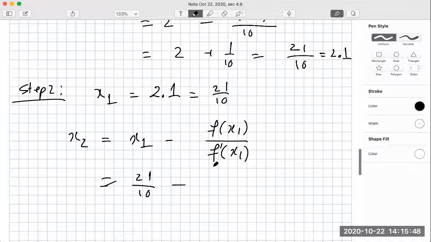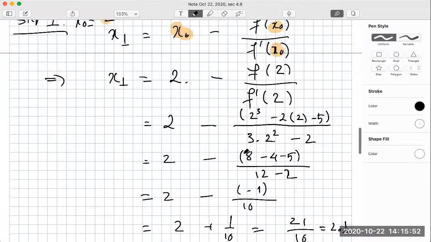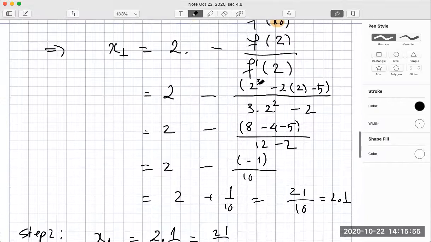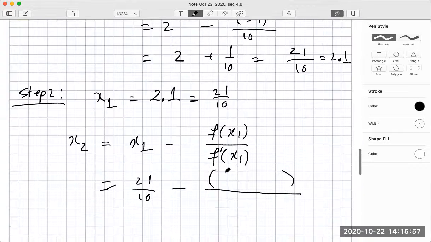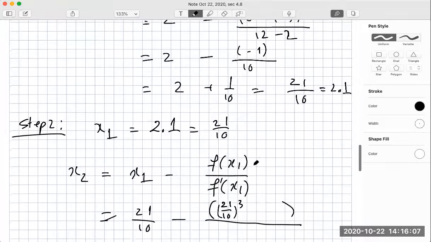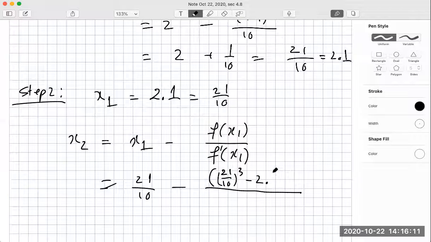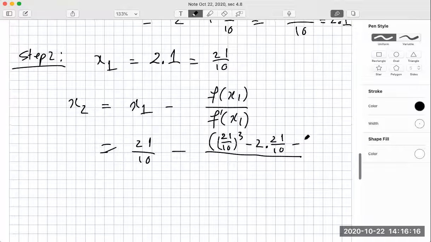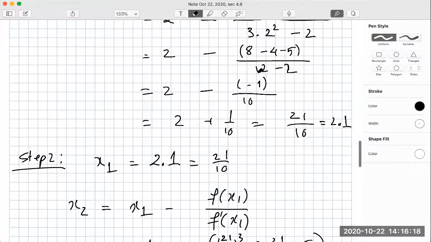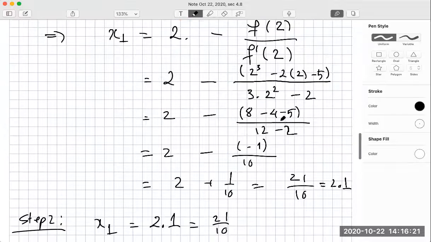So we evaluate the value of this and the derivative here. The formula will be the first number cubed, minus 2 times the number here, which is 21 over 10, and then minus 5, right? The derivative will be 3x squared minus 2.